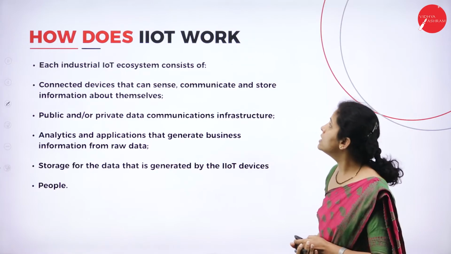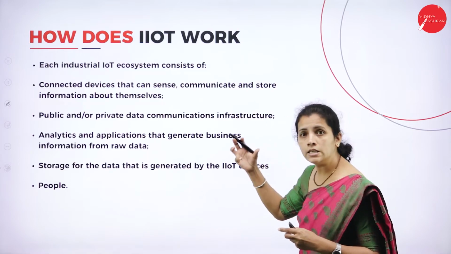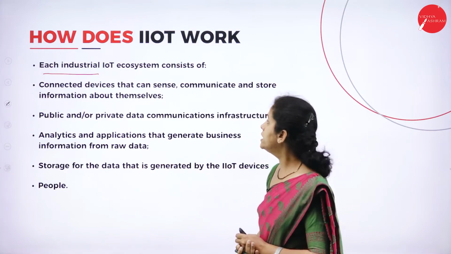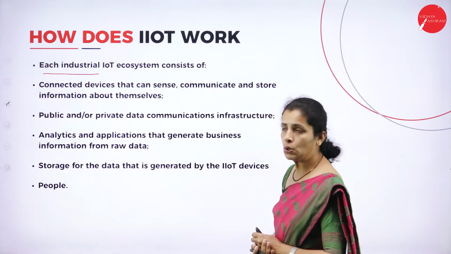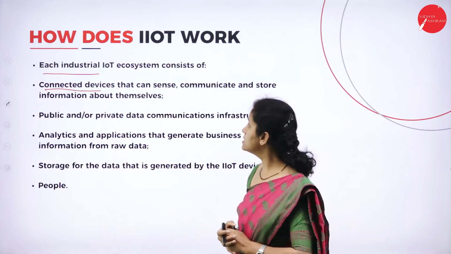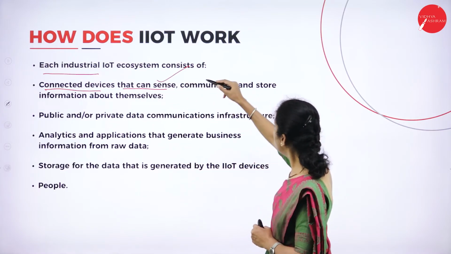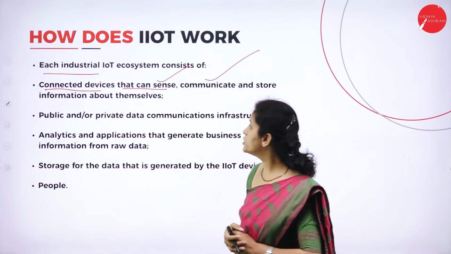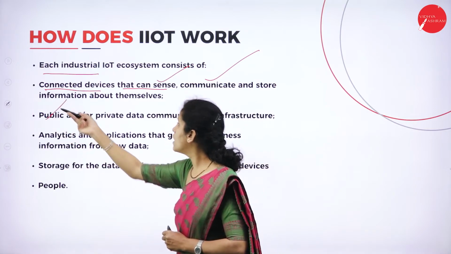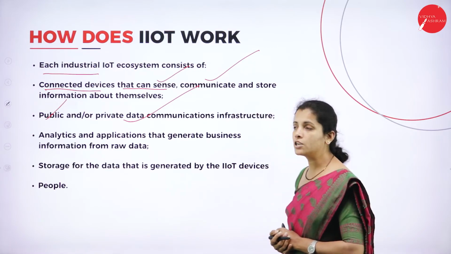Now, how does IIoT work? That means how the Industrial Internet of Things works. Each industrial IoT ecosystem includes connected devices that are capable of sensing data, communicating and storing information about themselves, and it includes public or private data communication infrastructure.